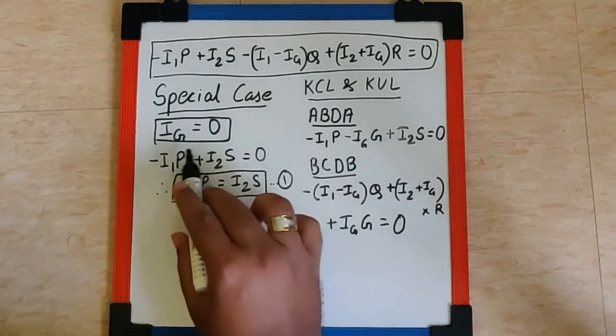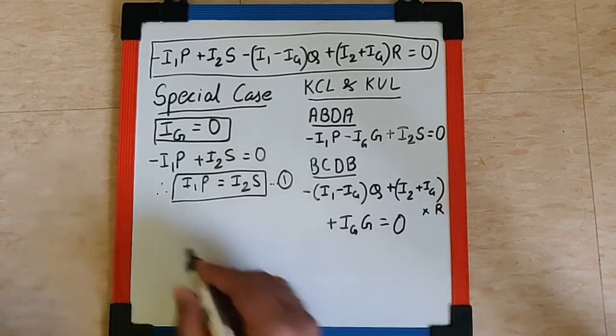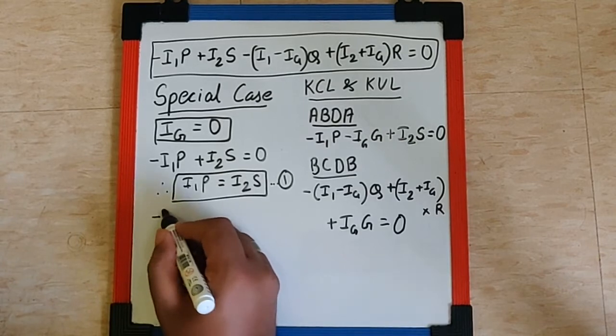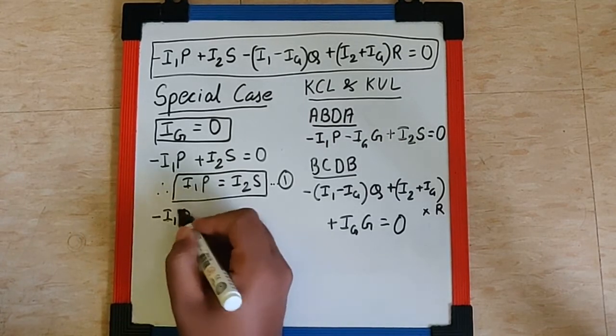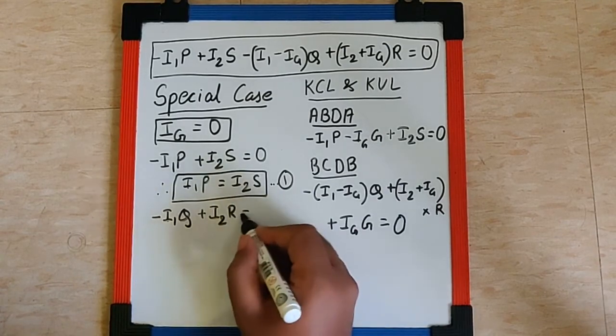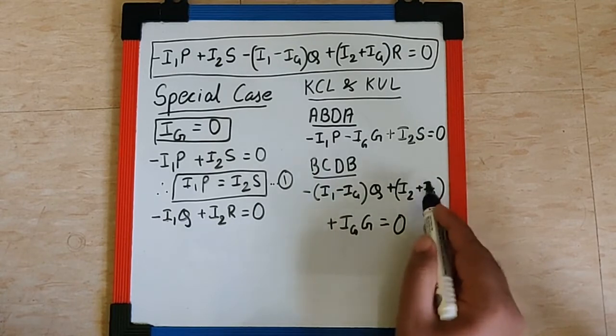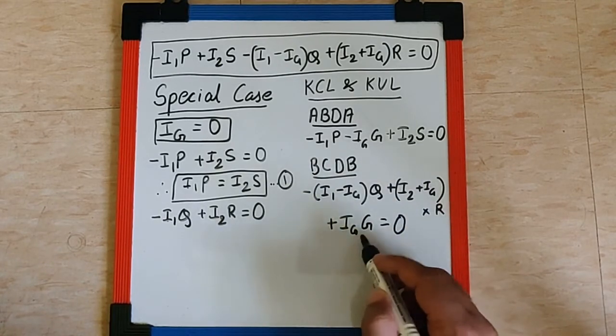And if we apply the same condition in the second loop, it becomes minus I1Q plus I2R equal to 0, because this is going to be 0, this is going to be 0, and this whole thing is going to be 0.